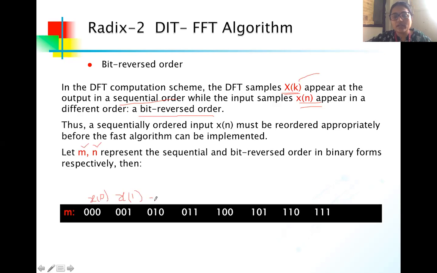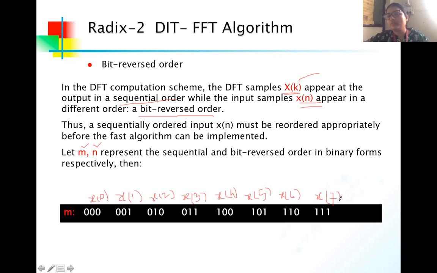So this is x of 2. Now you can see that whatever I'm writing is in the sequential manner. x of 3 followed by x of 4 followed by x of 5 followed by x of 6. All those values are in the sequential manner. So x of 7, all the values are in the sequential manner.